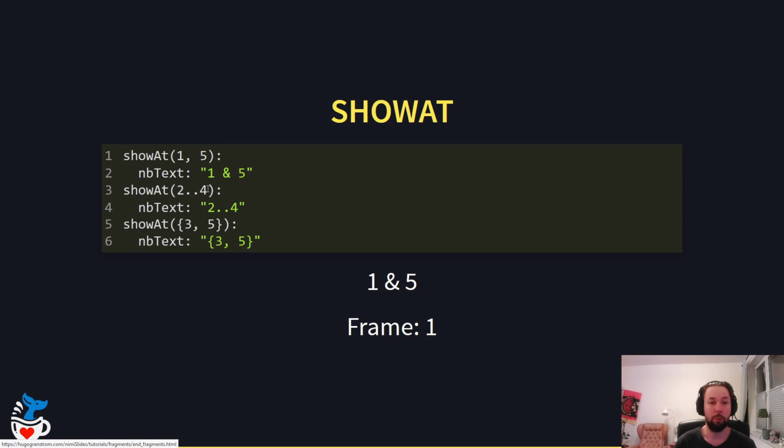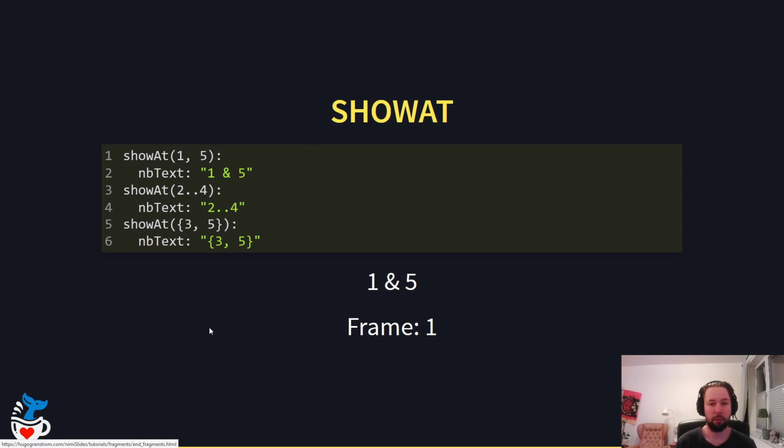And you can combine these in the same. So you could have it at frame 1, then frame 2 through frame 4, and then frame 5, which would basically just be all frames, but you get the gist of it.